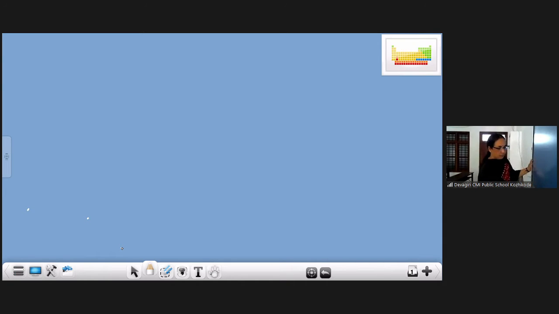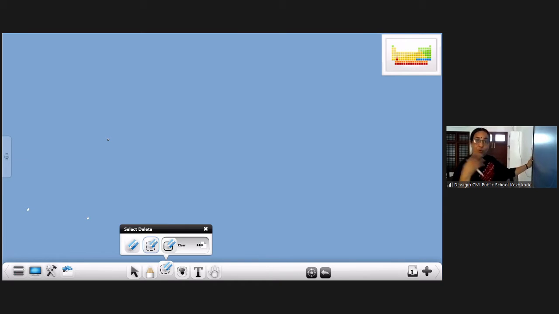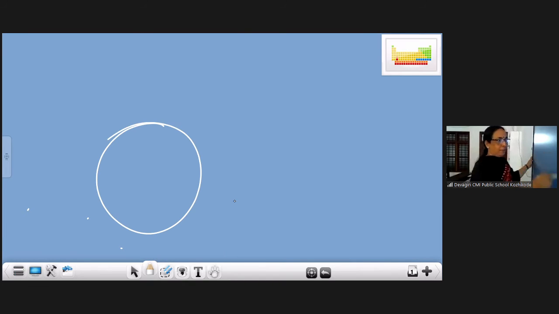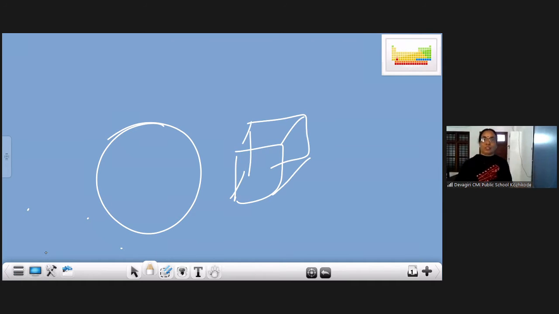I'm taking a sphere, drawing it as a circle as a two-dimensional figure. If you have a sphere, or a cube, or a thin rod, all these are objects which I can charge. I can give charge to them.